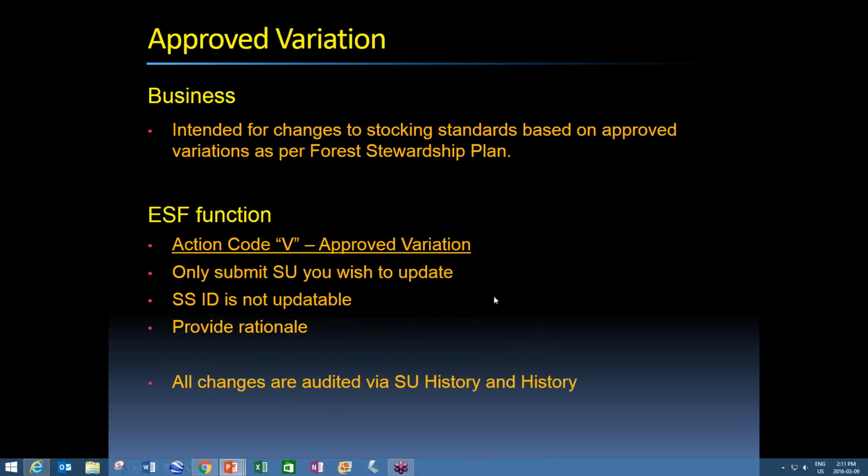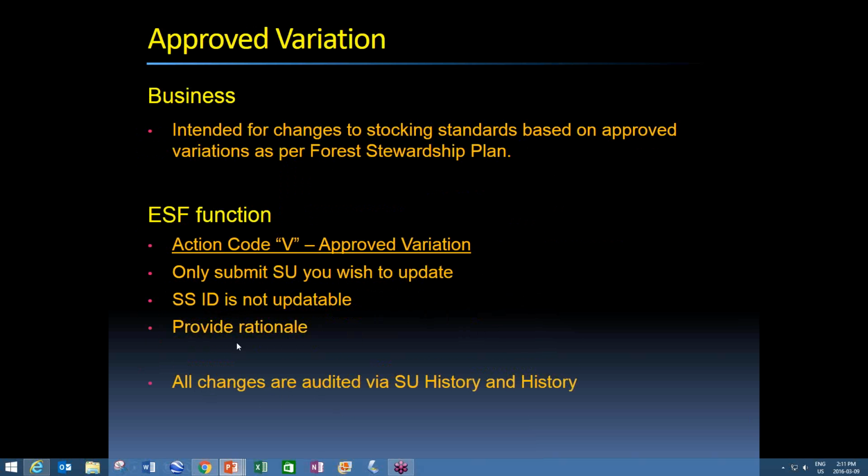They're saying some elements of the stocking standard need to be changed to meet those conditions. With approved variations, you have the ability to just update the standards unit you wish to change. But in this case, the approved stocking standard or standards regime ID that's in the system remains the same. It's just some element of the stocking standard is being changed for the standards unit.